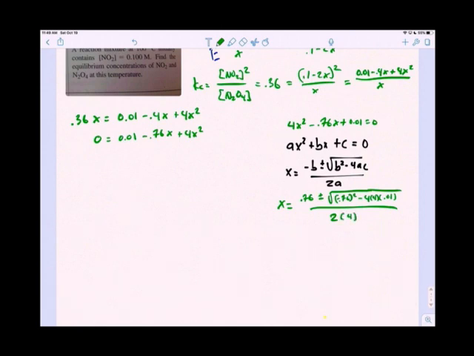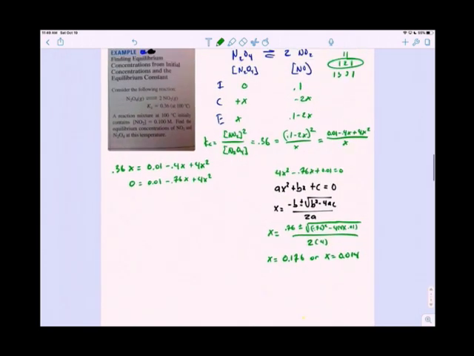So now you're going to get two answers. So that means, and plug it in, and you get x equals 0.176 or x equals 0.014.